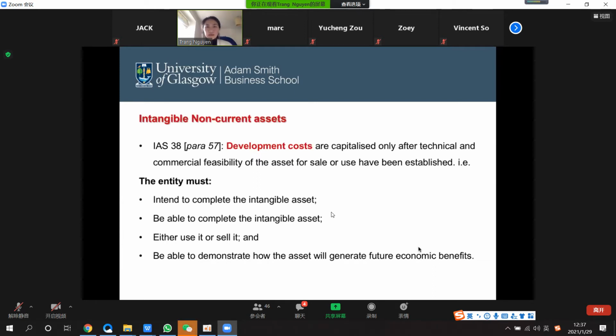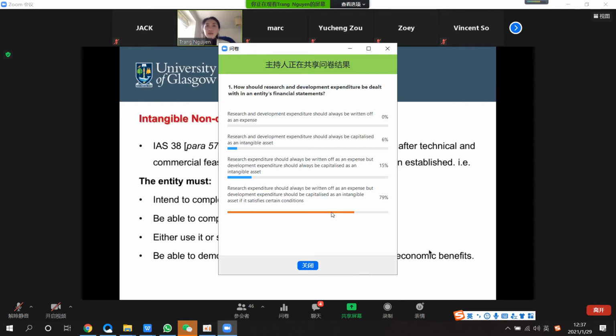This is a little bit tricky with the last two. When we record research and development, we need to write off the research expenditure as an expense, always, right?